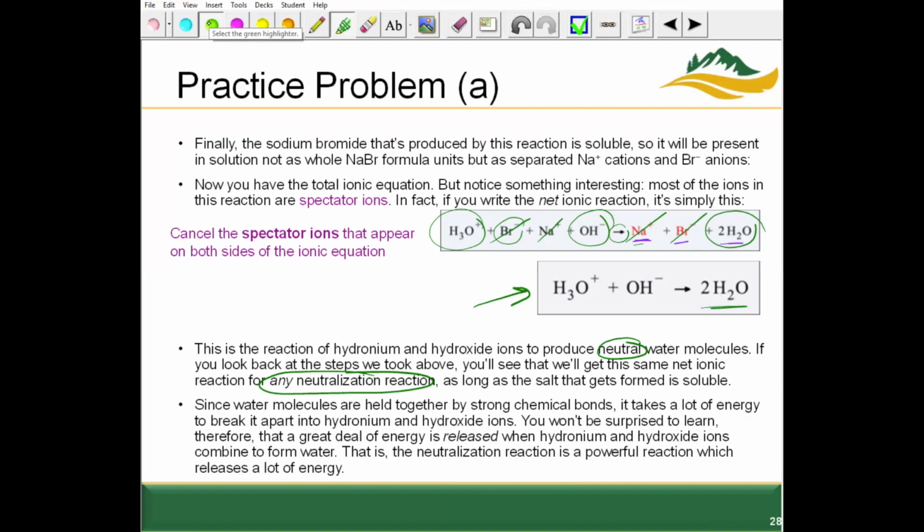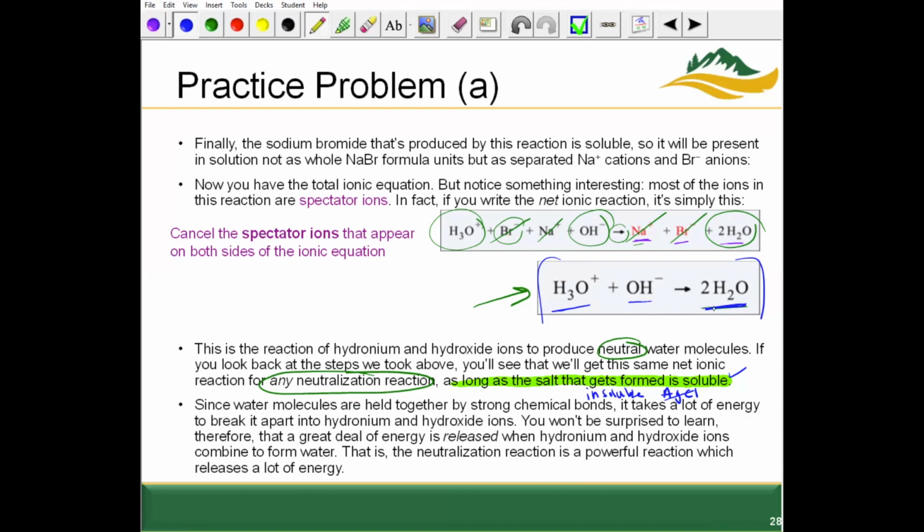The slight caveat here is as long as the salt that gets formed is soluble. For example, an insoluble salt we know from prior in chapter 4 would be silver chloride. So as long as the salt is soluble, then this is going to be our net ionic equation for any neutralization reaction. We have the acidic hydronium ion, the basic hydroxide ions form neutral water molecules.